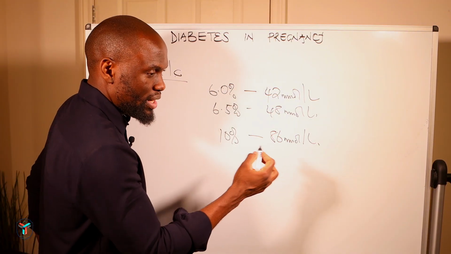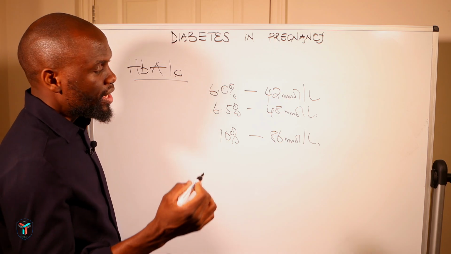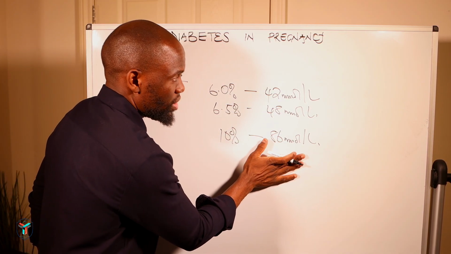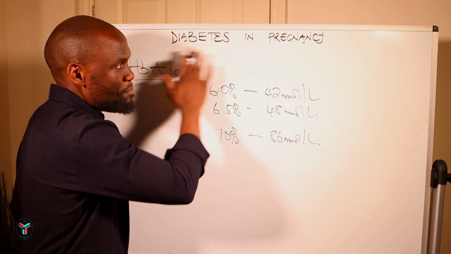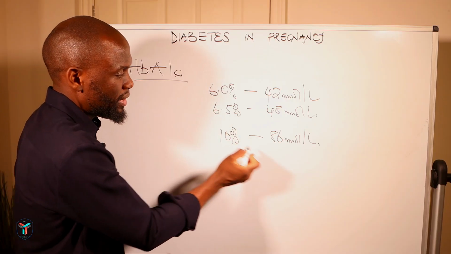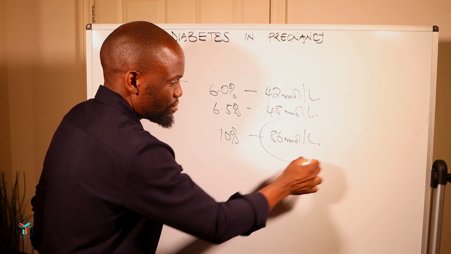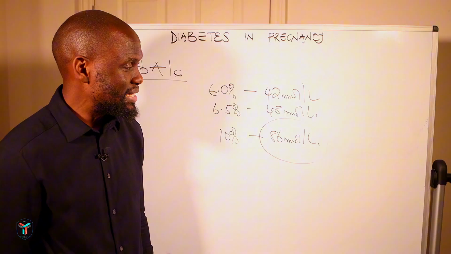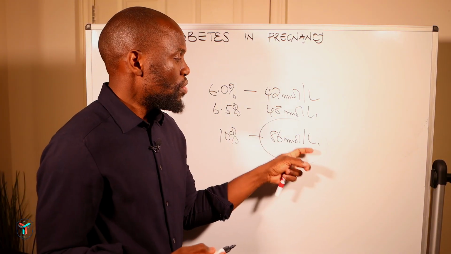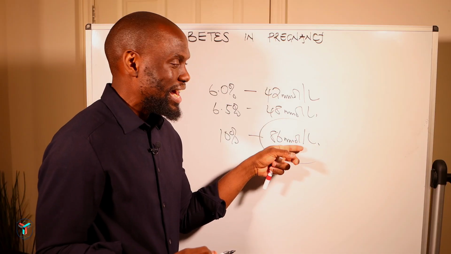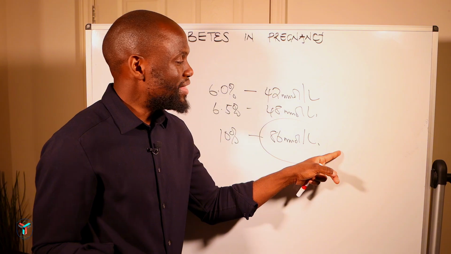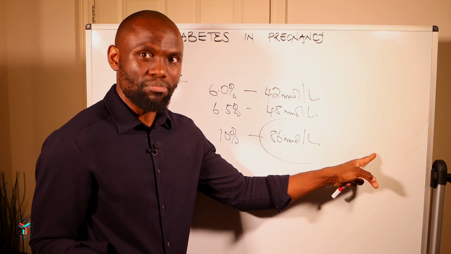Now, if you are in the first trimester, or you are somebody who is non-diabetic, and when you do this glycated hemoglobin you have levels reaching about 86 millimoles per liter, then in this case pregnancy should be avoided. Why? Because the levels are too high, and these will bring about impaired organogenesis that will lead to congenital abnormalities.